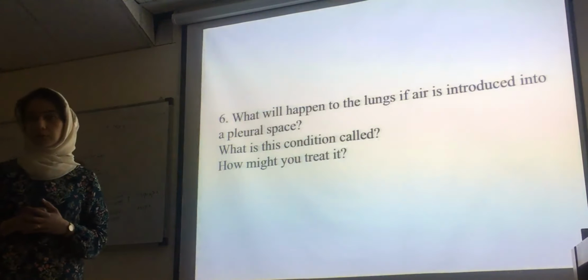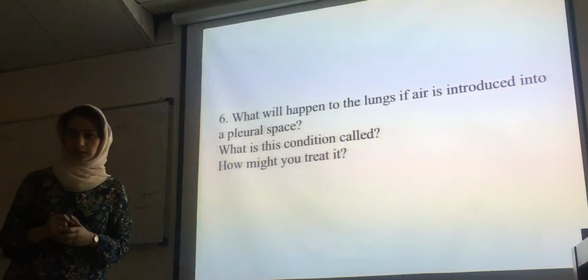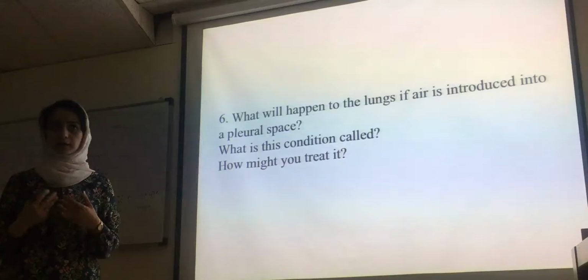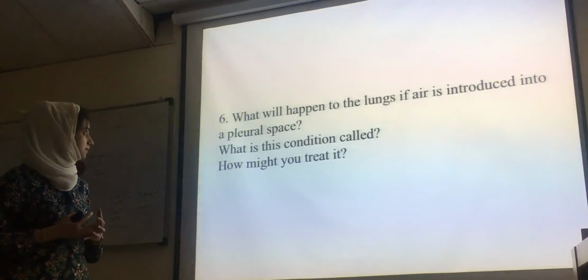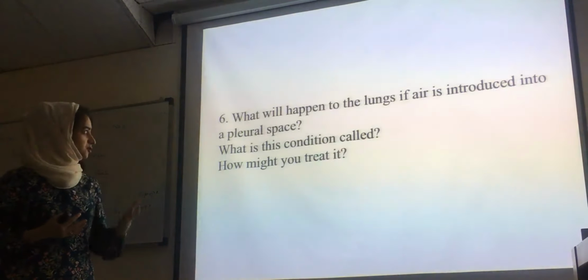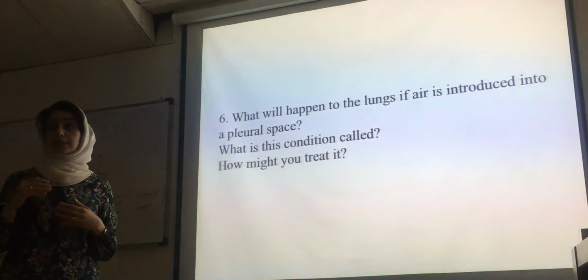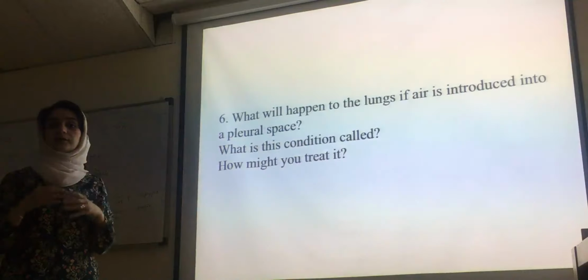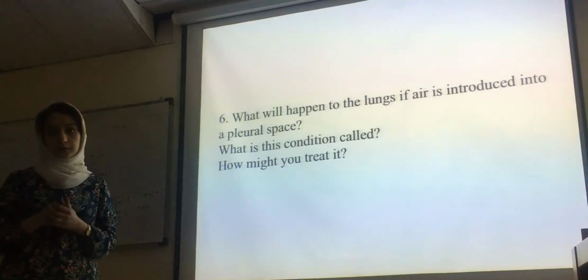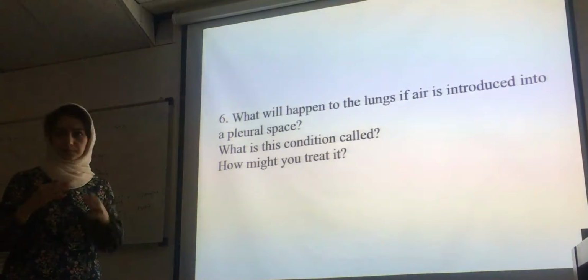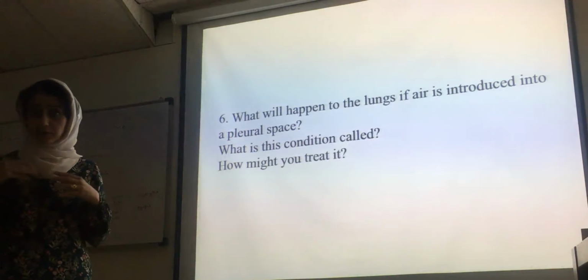For example, during a stab wound, due to an injury, an accident, the pleural space is injured and air enters into the pleural space. Why, when it's injured, does air enter into it?